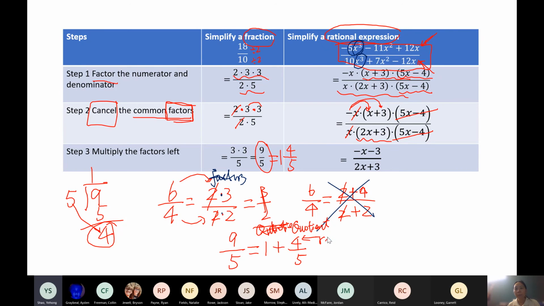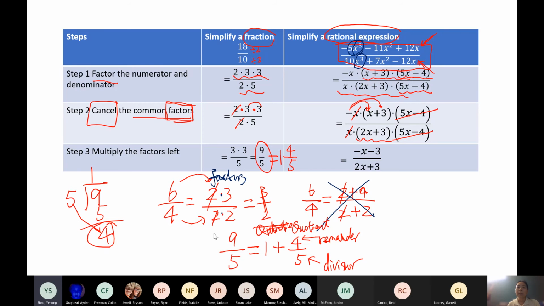This 4 is the remainder. But the plus sign, usually we omit it. When you have 1 and 4/5, this means there's a plus sign there, but it is omitted. 5 is the denominator, or you can call it a divisor.